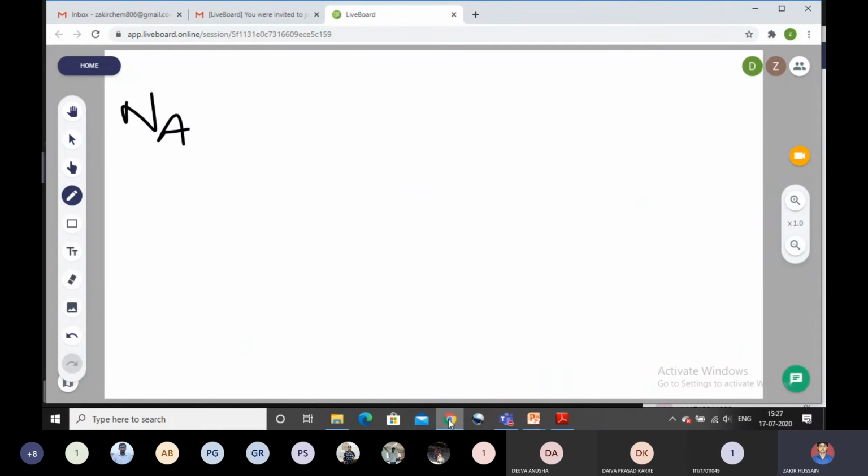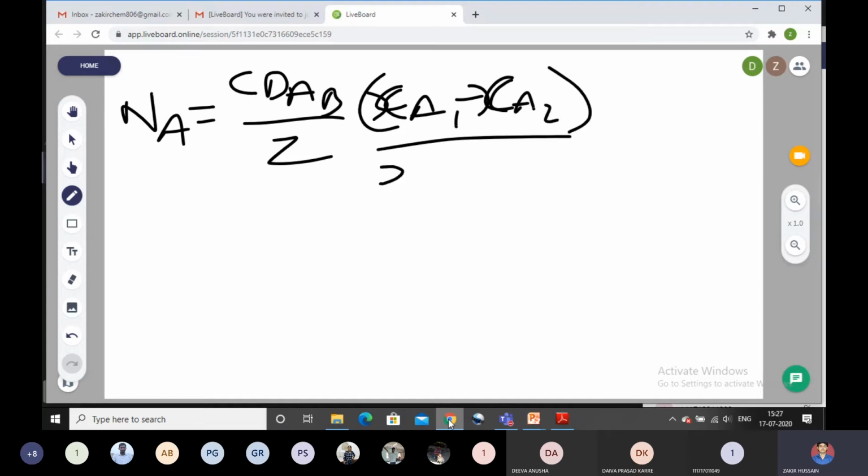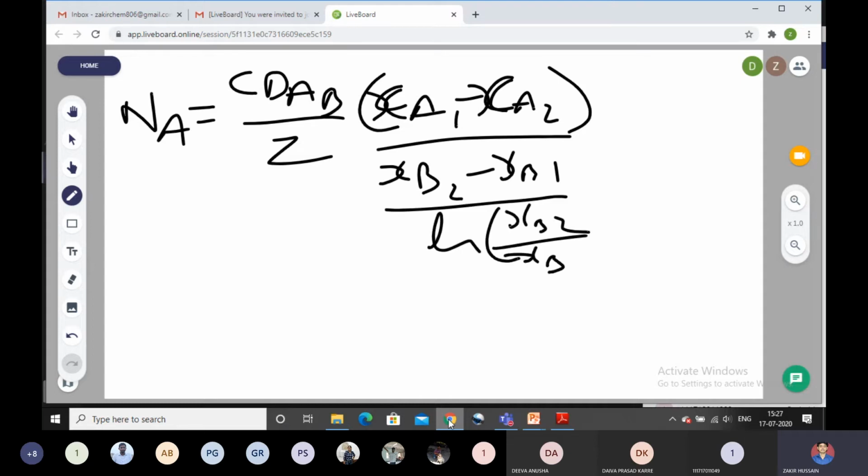Na is equal to CDAB by Z times CA, this is XA1 minus XA2 divided by XB2 minus XB1, which is divided by XB2 by XB1.